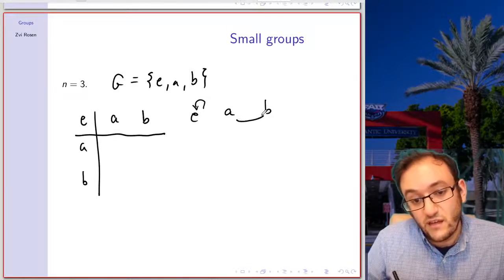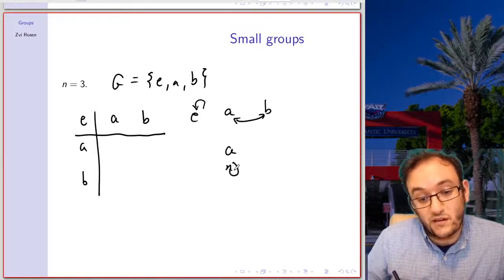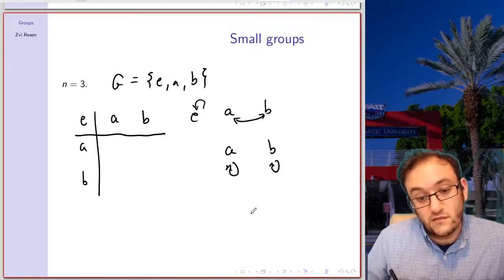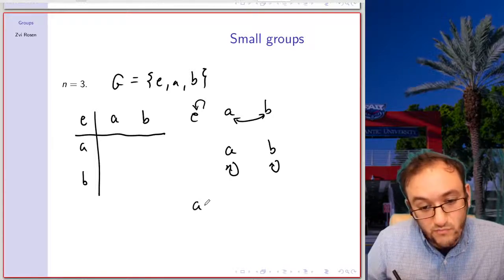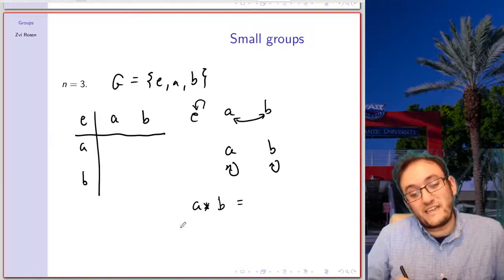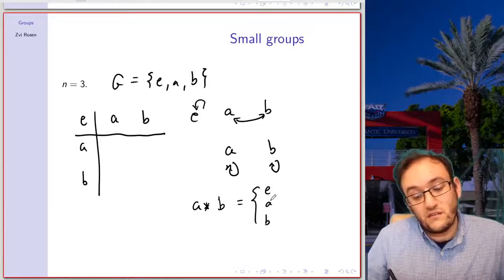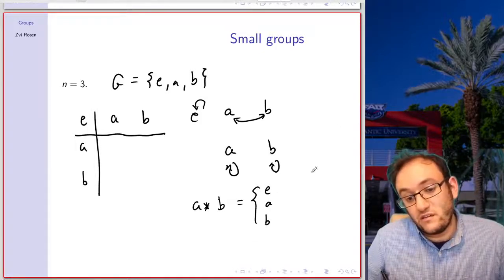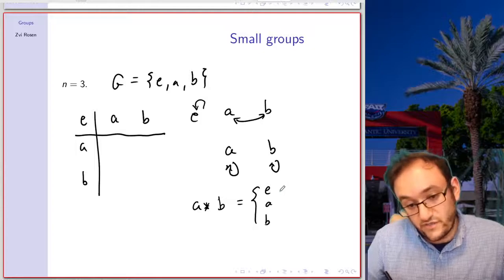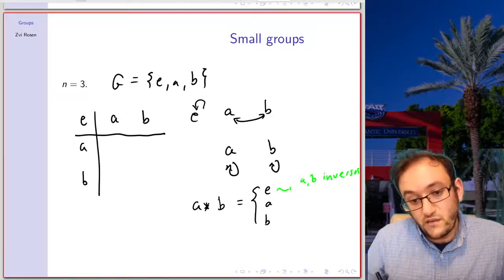So then either A and B are inverses to each other, or A and B are their own inverses. But that leaves us with a bit of a problem, because if A and B are their own inverses, then what is A times B equal to? If it's E, then A and B are each other's inverses. So that's fine, but that's not what we were supposing.